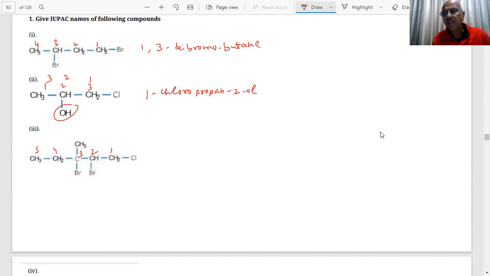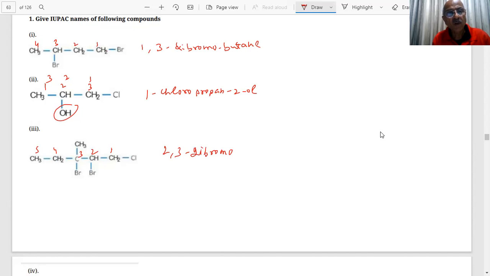Does B come first or C come first alphabetically? Alphabetically, then. I have given these questions, I know you will be making some mistakes, students. 2,3-dibromo, 1-chloro, 3-methylpentane.